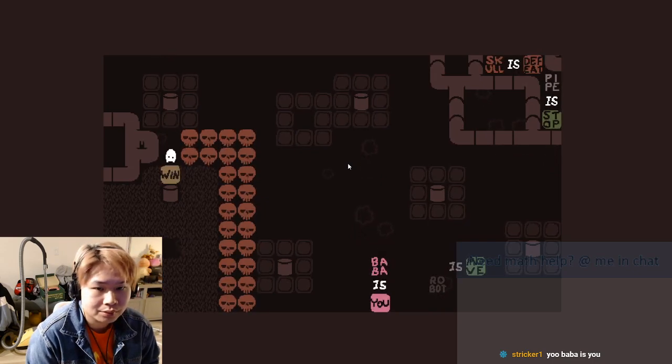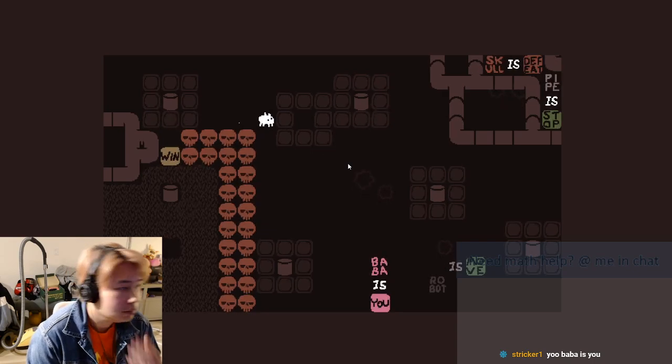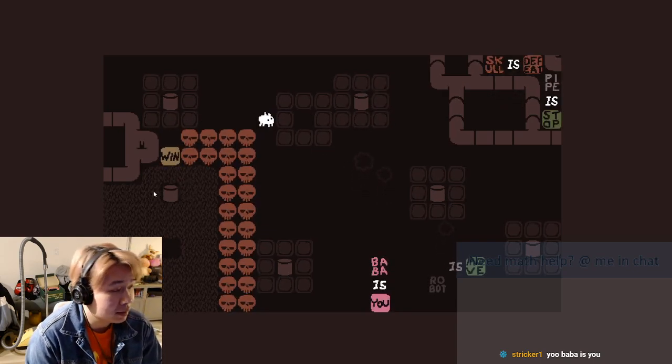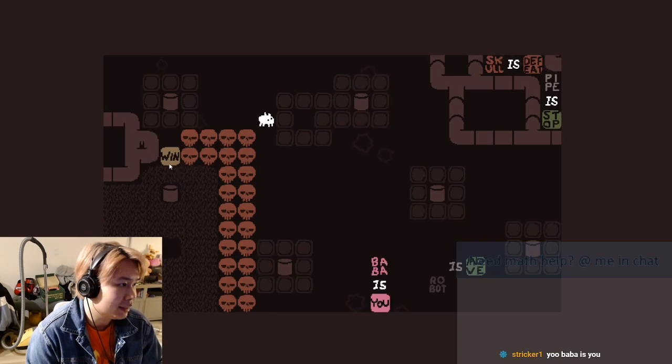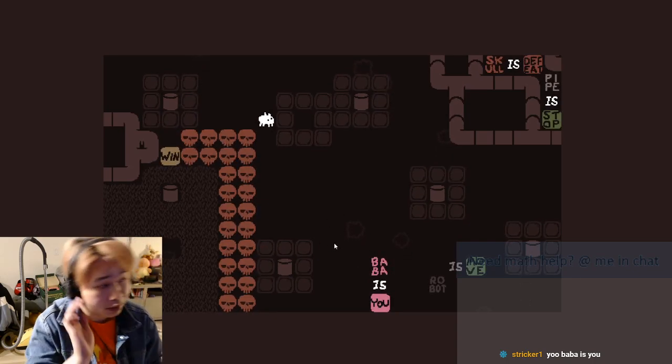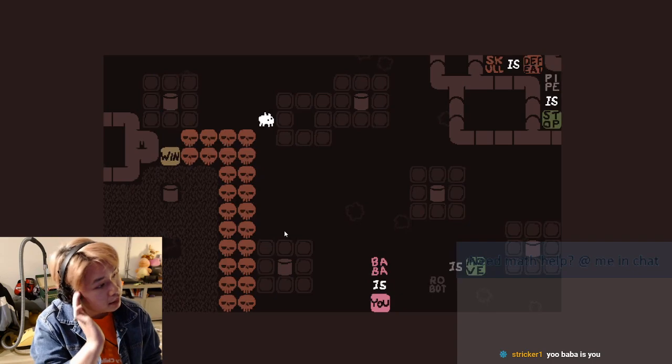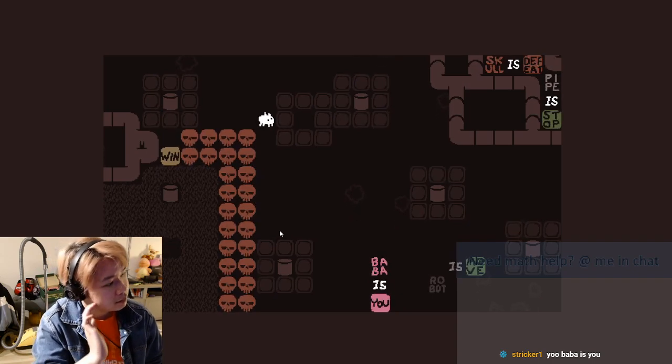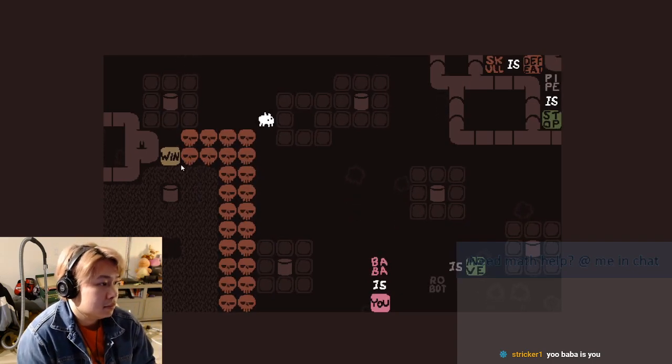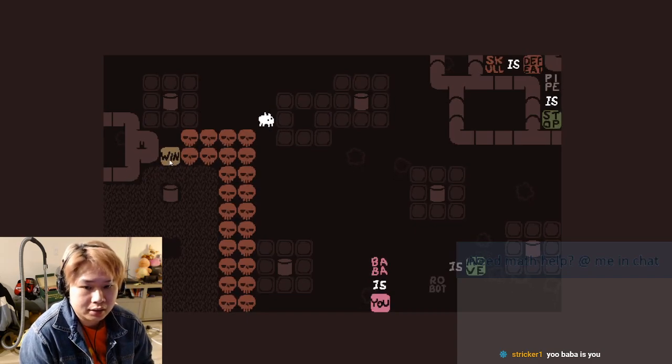Shoot. Because this pipe is in the way. See, the plan was I thought I could push this all the way down here, and then eventually the robot will push it out of the skull, and then I can play around with the win. But I can't even do that.